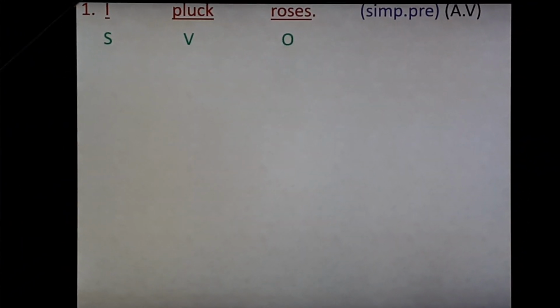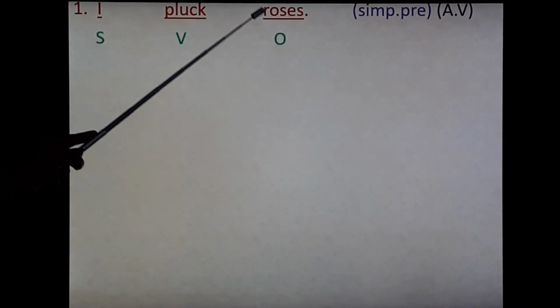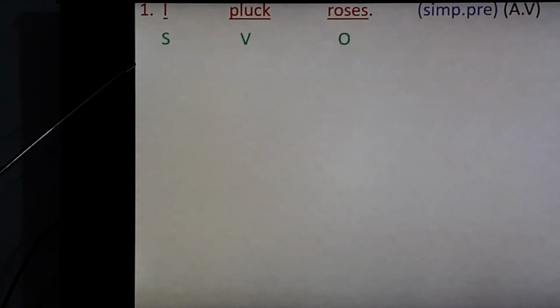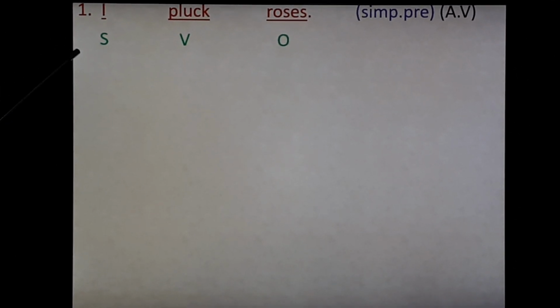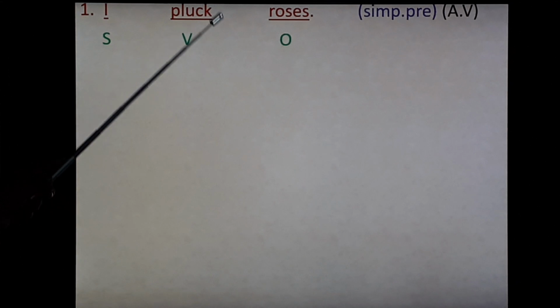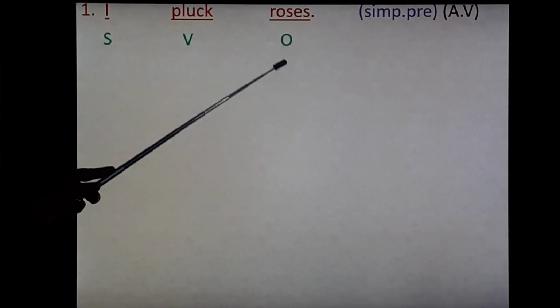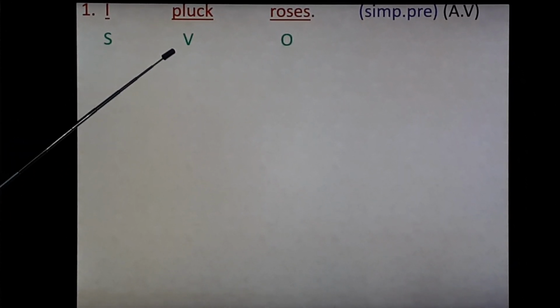So, here I is the subject, pluck is the verb, and roses is the object. Subject means the person or thing that does the action, and object means the person or thing that receives the action, and verb shows action or tense.